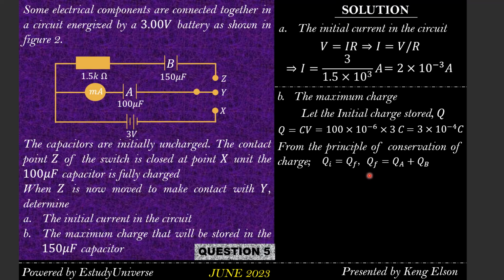From the conservation of charge, the initial charge of the system must be equal to the final charge. Charge cannot be lost, it is always conserved. That's the principle of conservation of charge.